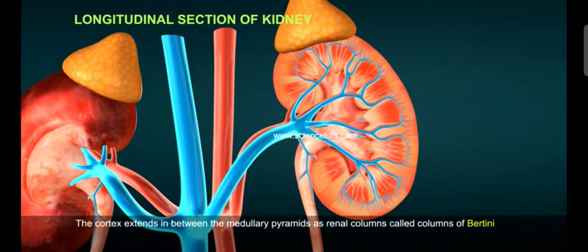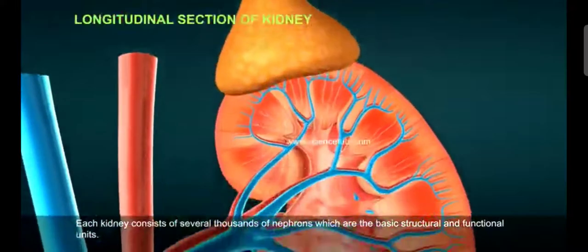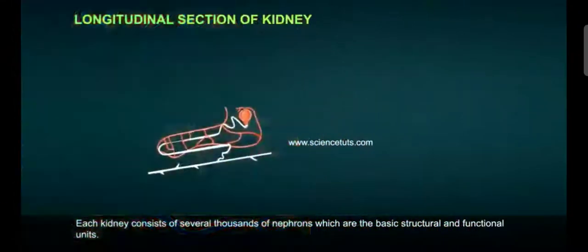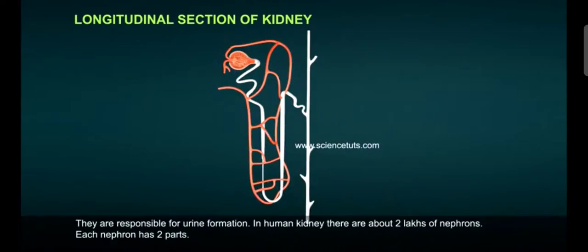From the pelvis, urine enters the ureters. The cortex extends in between the medullary pyramids as renal columns called columns of Bertini. Each kidney consists of several thousands of nephrons, which are the basic structural and functional units. They are responsible for urine formation.